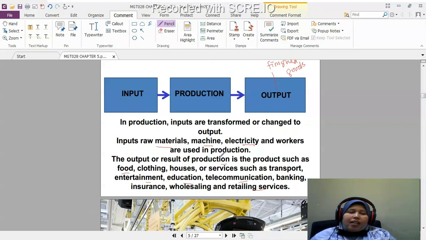The person, for example a chef, is needed in the production in order to produce the product. What else? We should have what we call the oven. In order to bake a cake, you must have an oven. An oven is a machine. That is input. And then what is the output? The cake is the output.